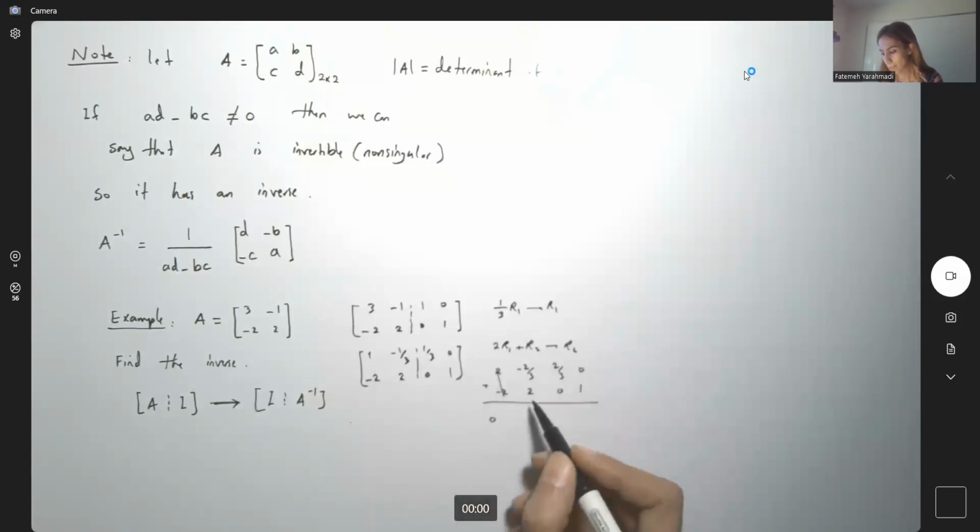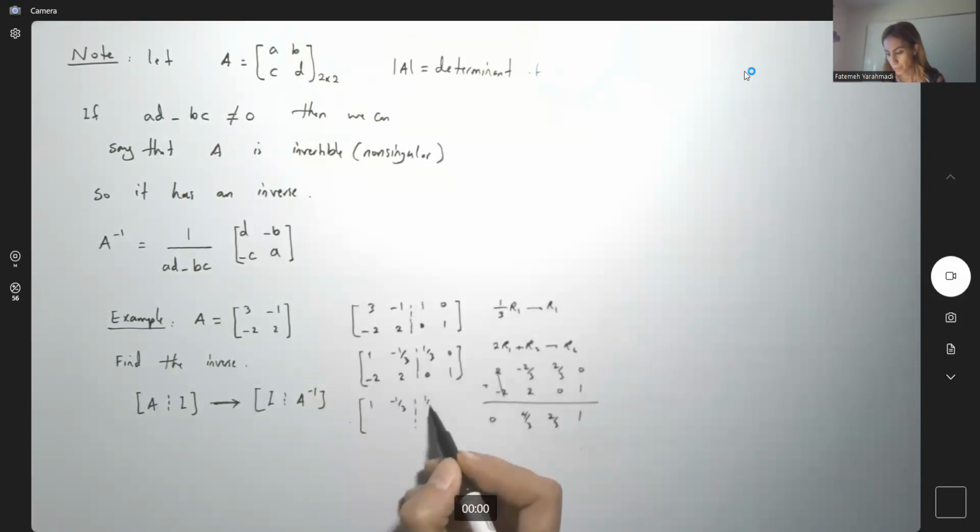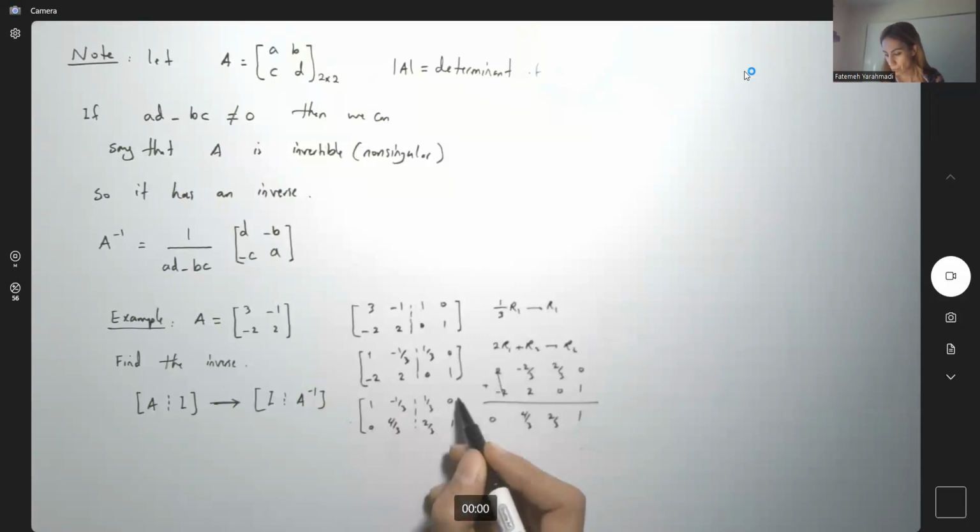Then here you have 6 minus 2, 4/3, and you have 2/3, and you have 1. So this guy becomes your new second row. So you have 1, -1/3, 1/3, 0, and here you have 0, and here you have 4/3, and you have 2/3, and 1.